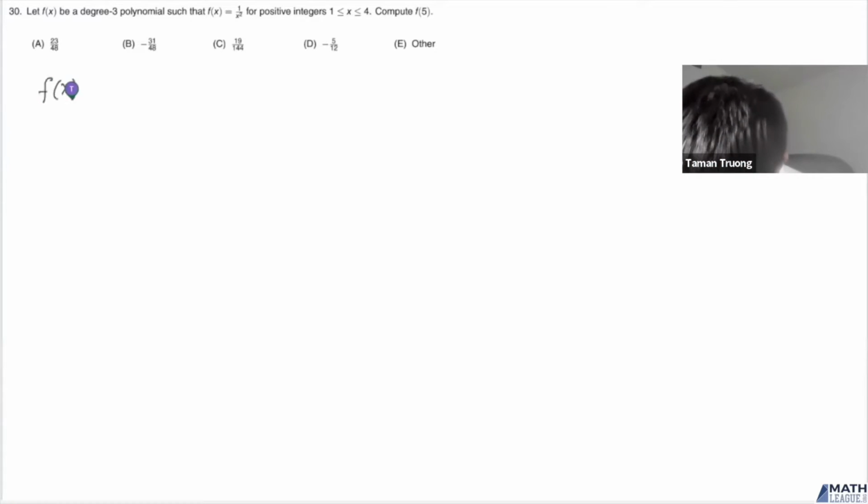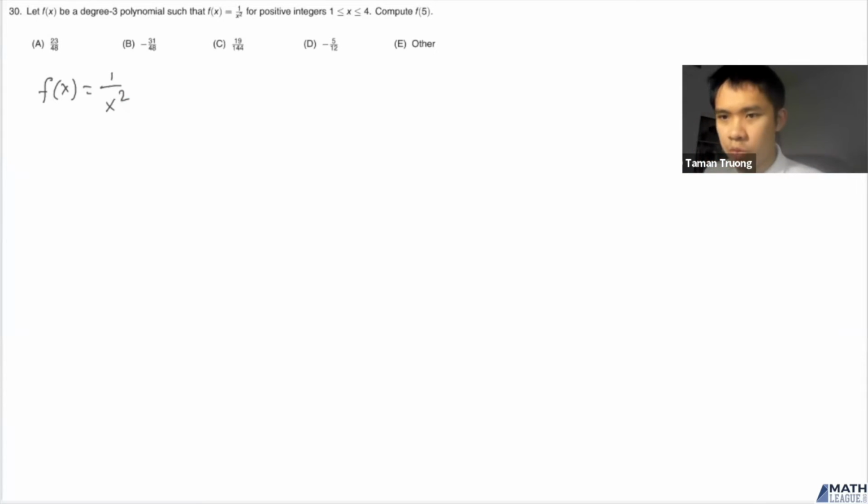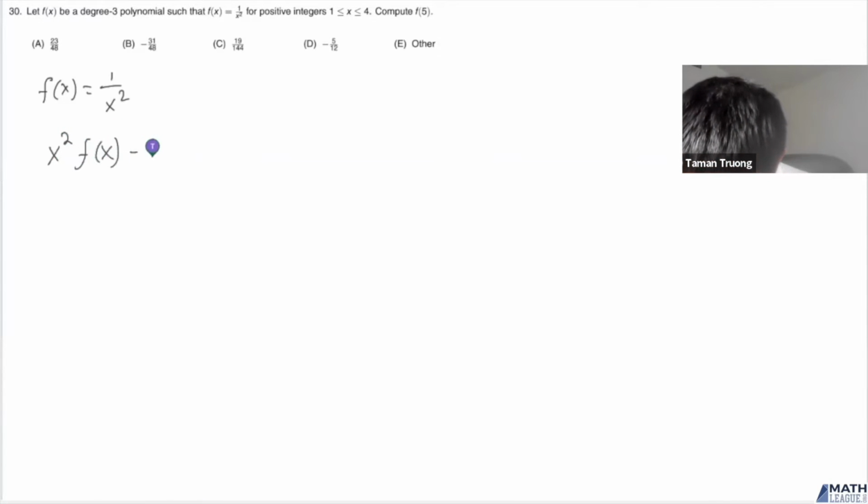So we see that these points are represented by a function, f of x equals 1 over x squared. When you plug them in, you'll generate points that will lie on this particular curve, the general curve f of x. We're trying to find these values of x. We basically have to simplify and solve this equation.